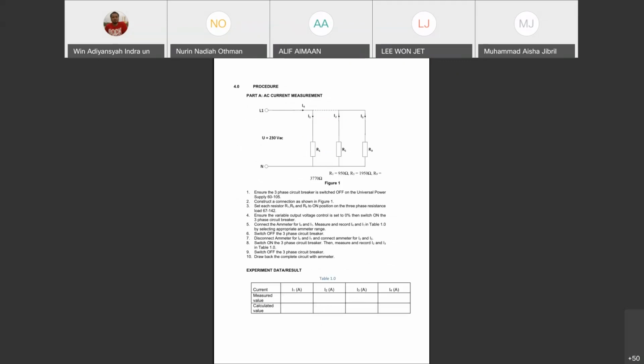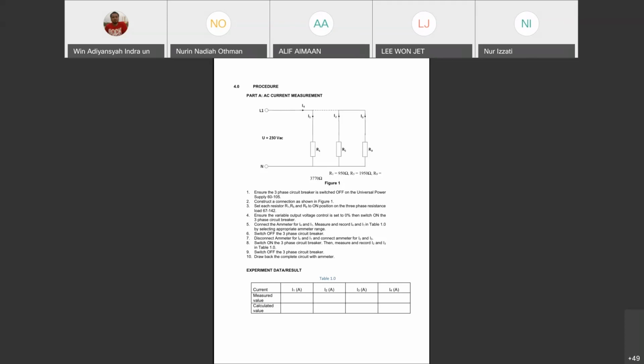For example, for figure 1, you have 230 volt AC. So find a voltage power source, AC, and set it to 230, and find another resistor.